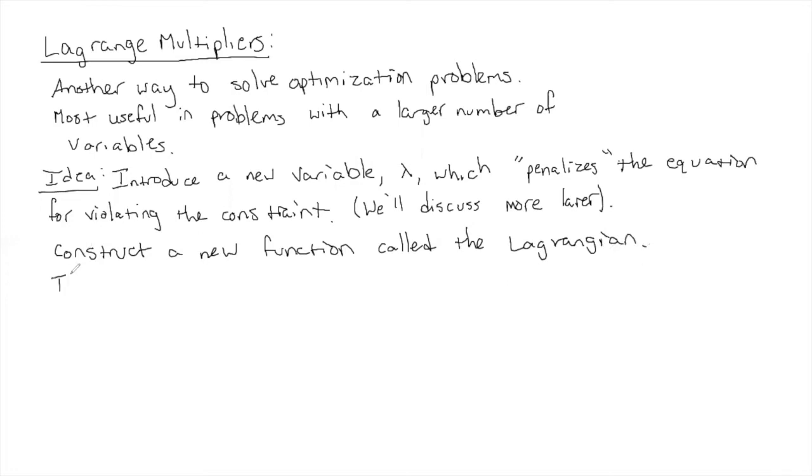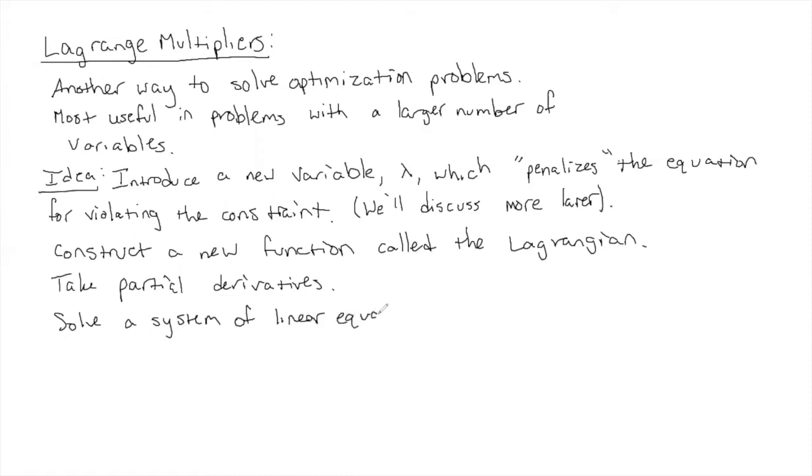Then we take partial derivatives. Then we solve a system of linear equations, just like back in high school or middle school when you learned how to solve systems of linear equations.